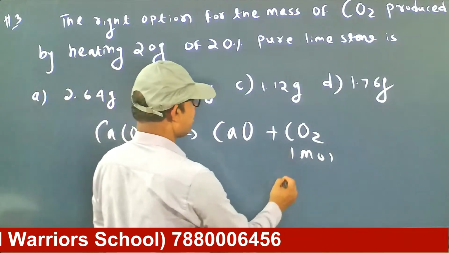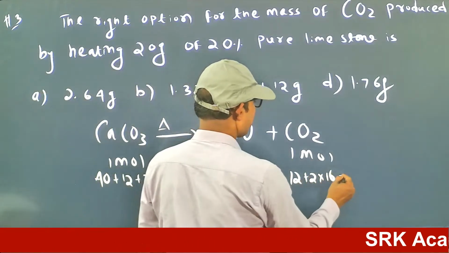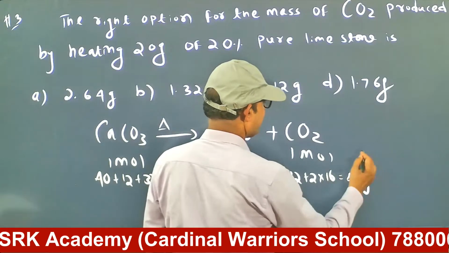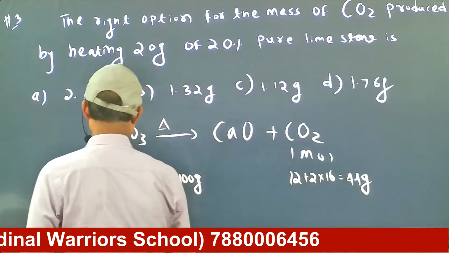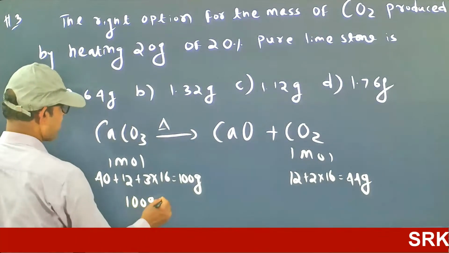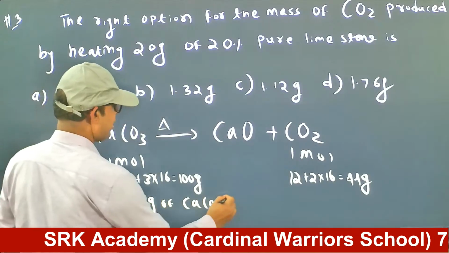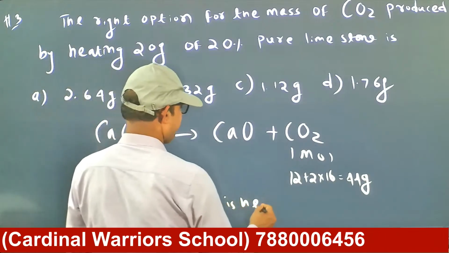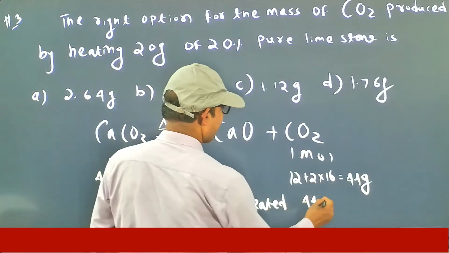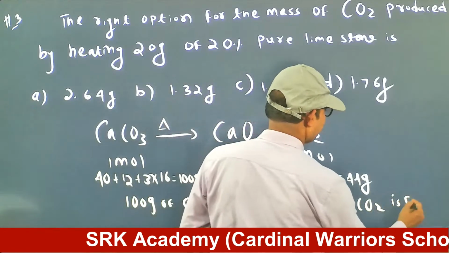And here it is 12 plus 2 into 16, that is equal to 44 gram. So when 100 gram of calcium carbonate is heated, 44 gram of carbon dioxide is formed.